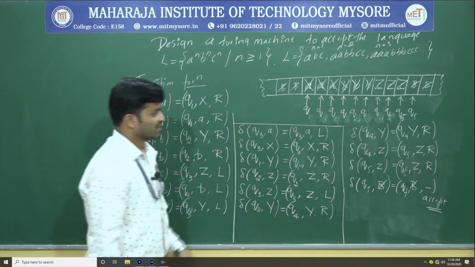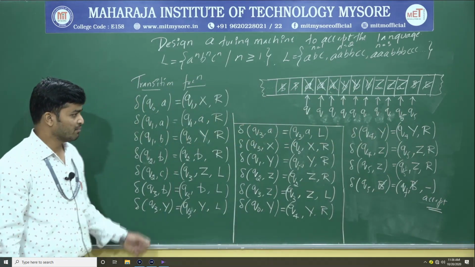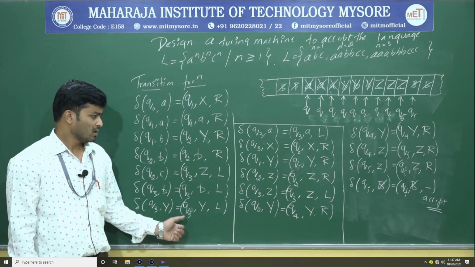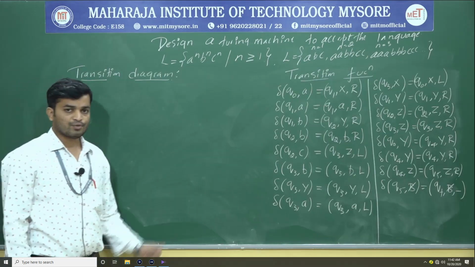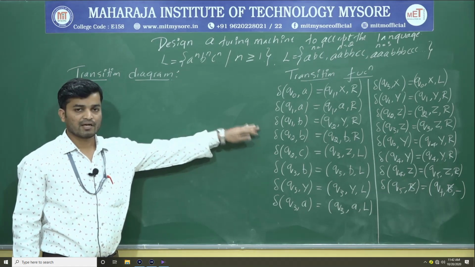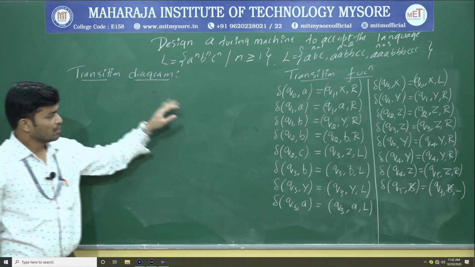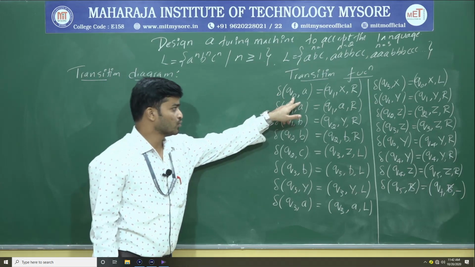So this is the transition function for a to the power of n, b to the power of n and c to the power of n. Now using this transition function, I am going to write the transition diagram. If you have a transition function, writing the transition diagram is easy. The first transition is between Q0 and Q1.